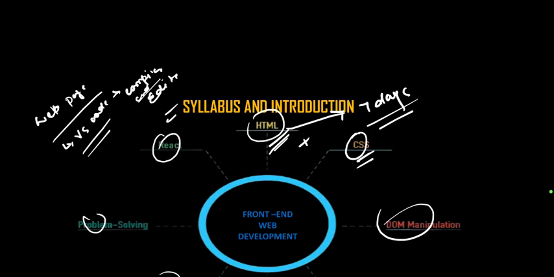Look at this code. So doc type is what? Doc type defines the HTML version, right? It shows which version you are using.